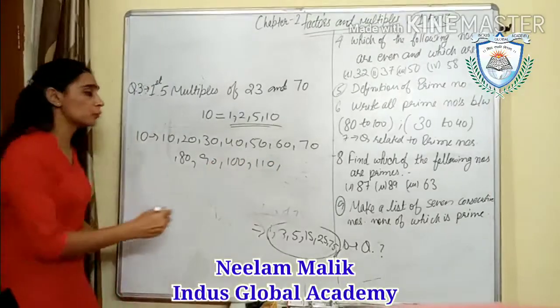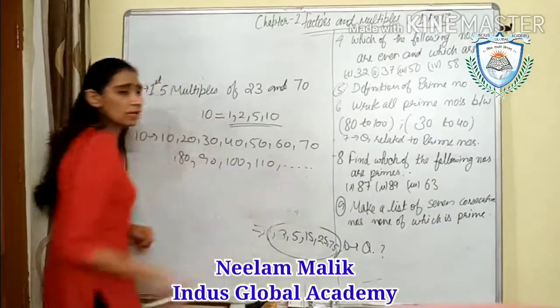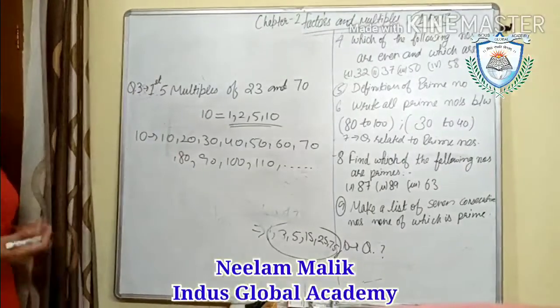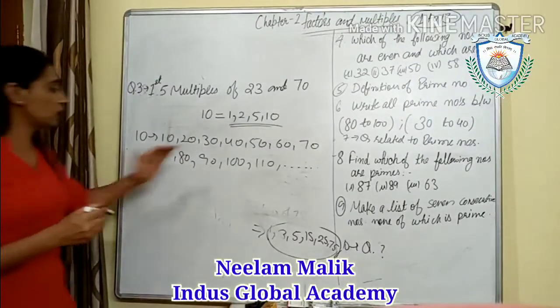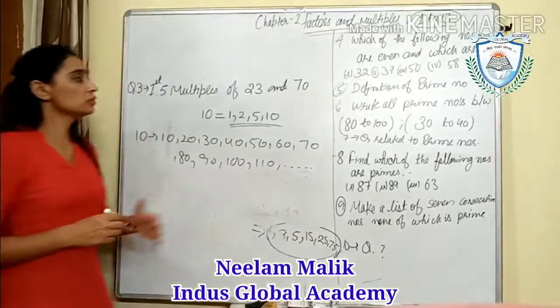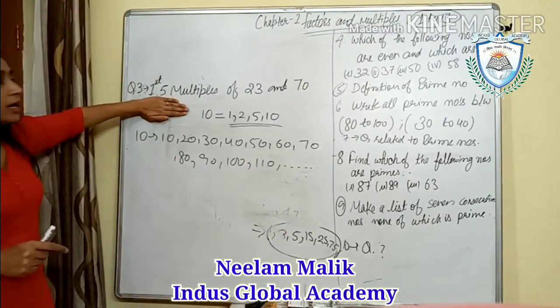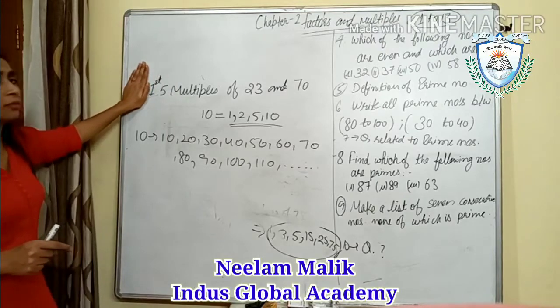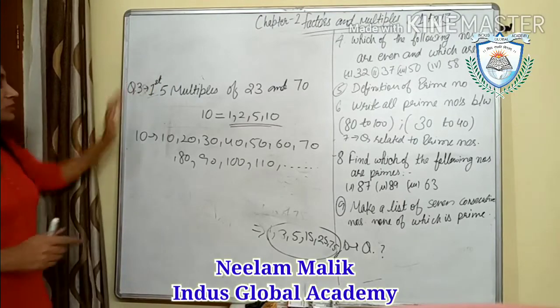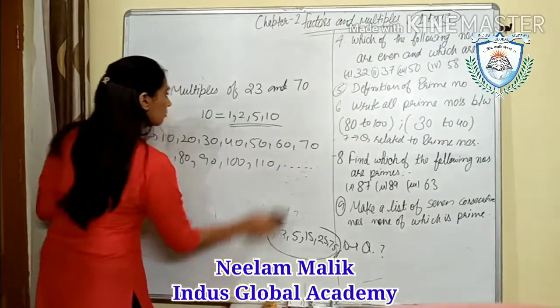So it will go up to infinite. Infinite means unlimited. There is no limit for the multiples. Okay, then 12s are, then 13s are, like this you will go. So they will always ask for fixed multiples, means here we have to find out the first 5 multiples, only the first 5 multiples.